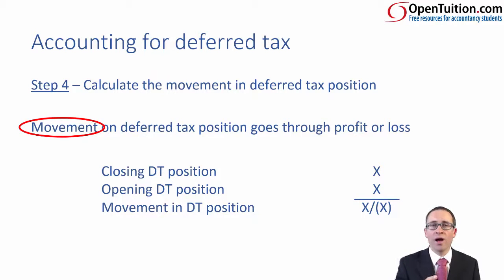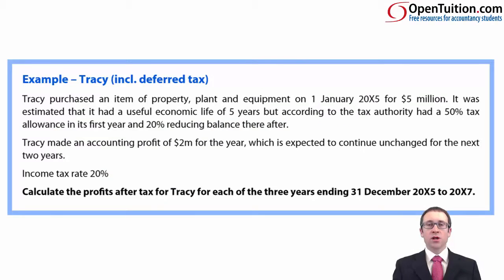But before you do that, let's go through and apply those 4 steps to the example that we have within the following video. Keep your notes to one side with those 4 steps there as we work it through. So to understand deferred tax and those 4 steps that we use to calculate it, we're going to rework the example we saw earlier.